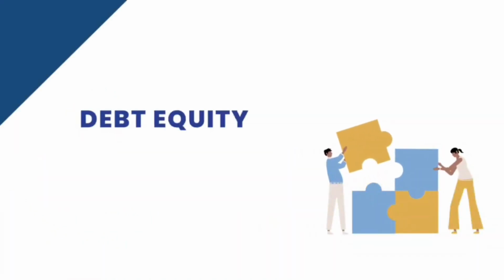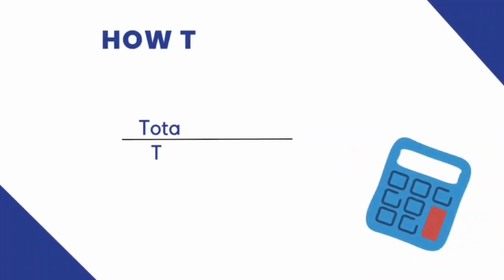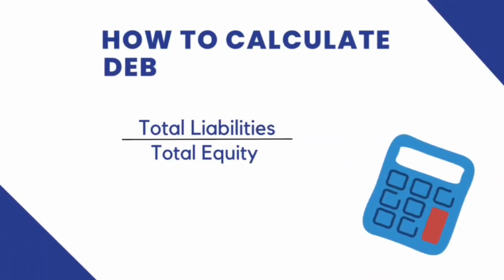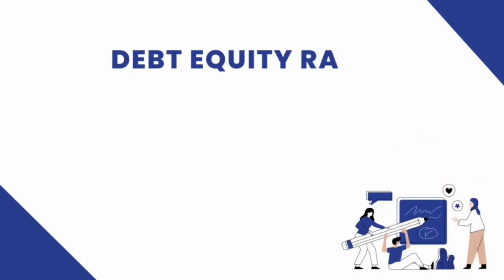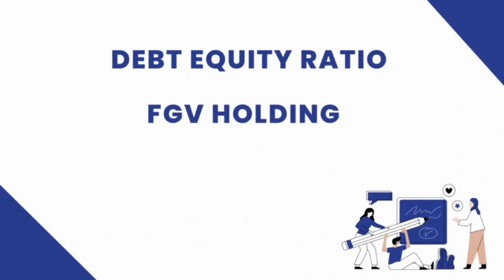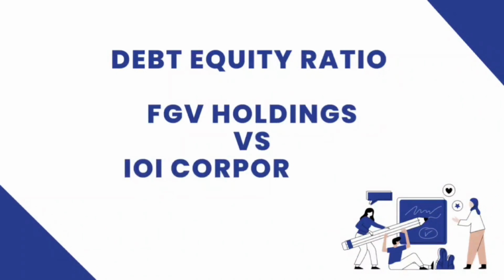Next, debt equity ratio. To calculate the debt equity ratio, we take the amount of total liabilities divided by total equity. Let's take a look at the debt equity ratio between FGV Holding and IOI Corporation in year 2020 to 2021.